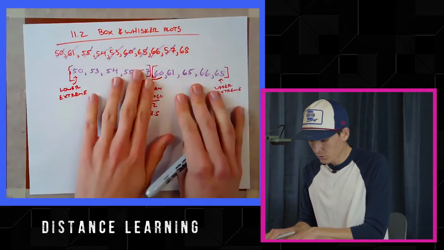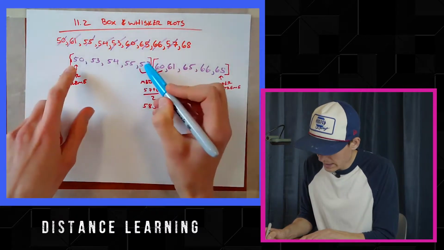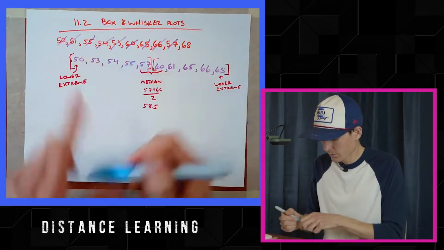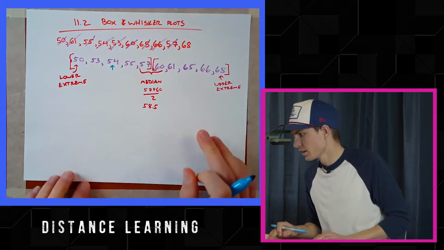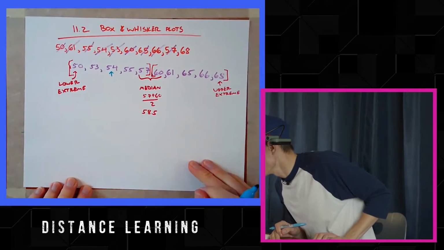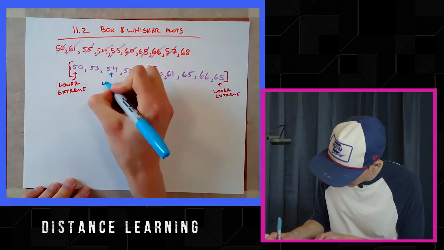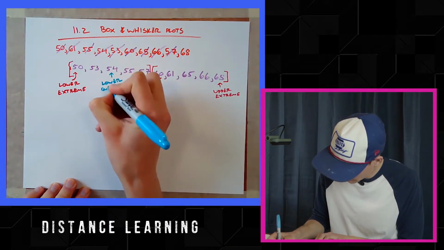When you divide it into lower part, upper part, you then find the median of this section. This is your, what do they call it? Lower quartile.